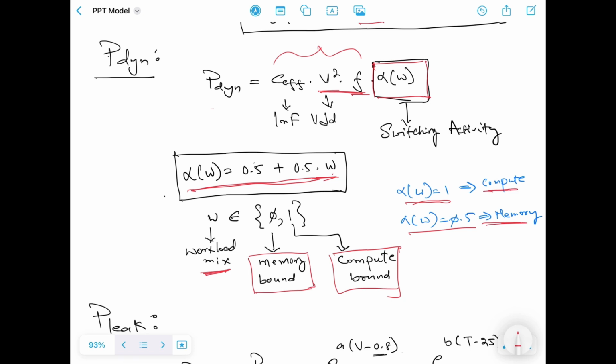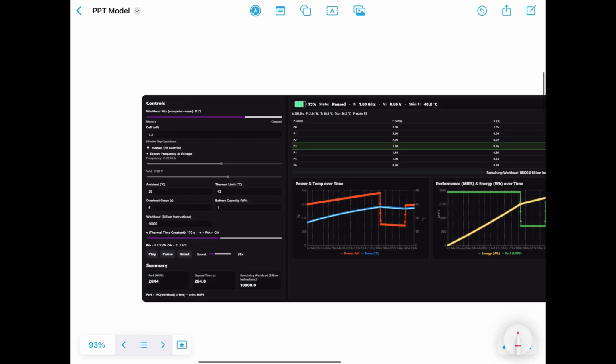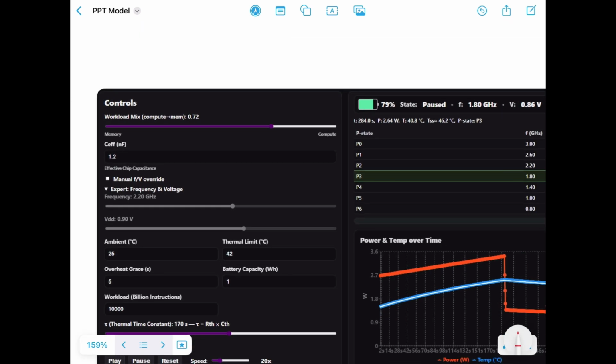Now, if we substitute that back in here, what it means is, let's say we set W close to 0, then we are reducing C effective, meaning the number of transistors that are switching is significantly less. The way this is implemented in the simulator is that this is a sliding scale, a number between 0 and 1.